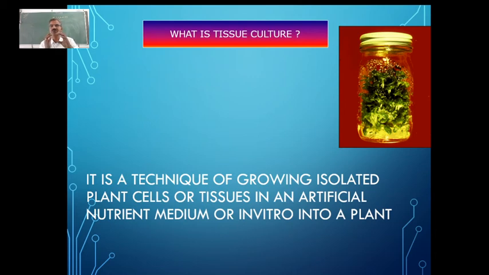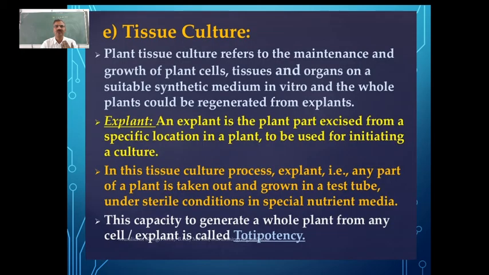So we choose a plant which is having the desired traits, and the vegetative part of the plant is taken, where the cells are there, they are going to be grown in the artificial nutrient medium, which we call the in vitro medium. That's why it is said to be a technique of growing isolated plant cells or tissues in an artificial nutrient medium, or in vitro, into a plant, where we can produce thousands of plants at a time.